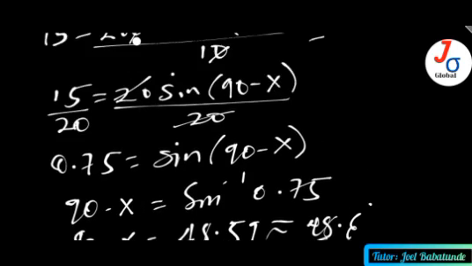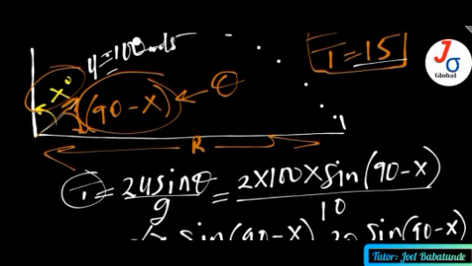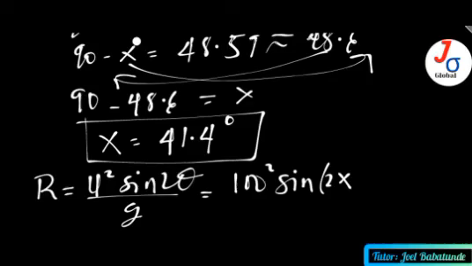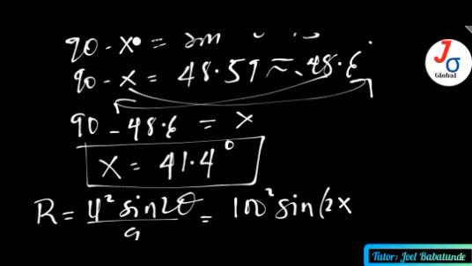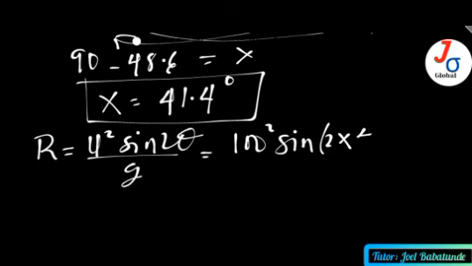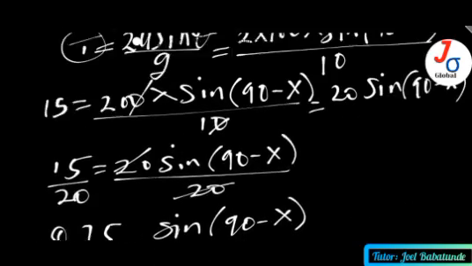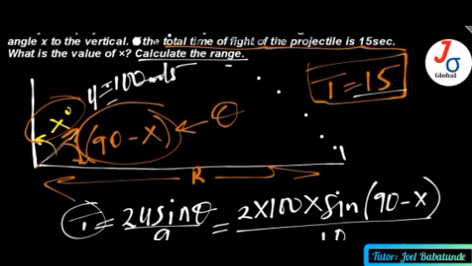Theta is 90 minus x, which is 48.6. Remember, we have to be using theta, so our theta here is 90 minus x.